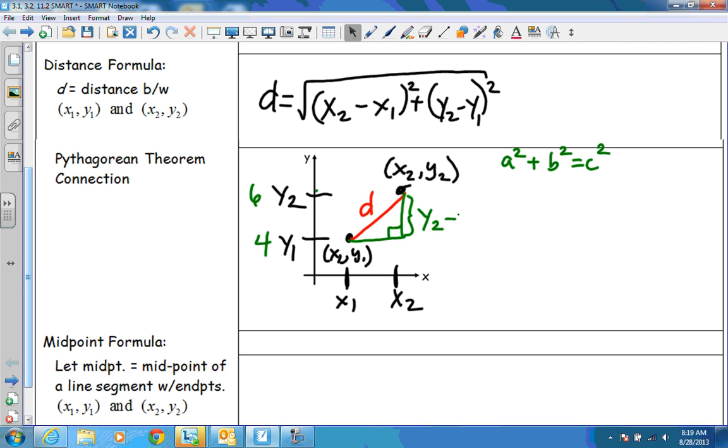So y2 minus y1. This distance right here would be right minus left. Kind of like if I had 5 and 1 as my two x values, the distance would be 4. So I have x2 minus x1. So putting all of that into the Pythagorean theorem. What's your A in this case?